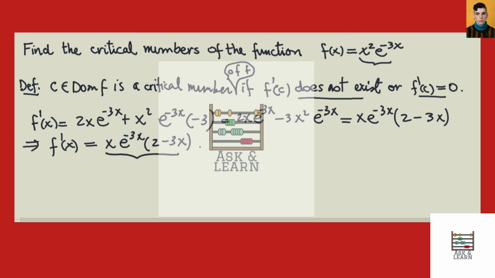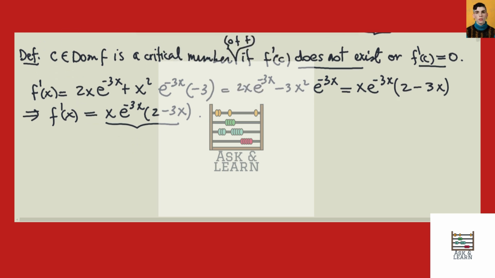And we also know that the domain of this function is the real numbers, because the formula defining f can be evaluated at any real number x. So we have domain of f equal the real numbers, and the first derivative exists at any real number x.